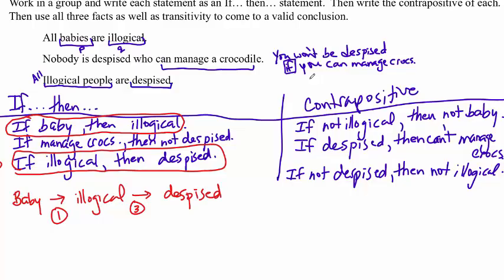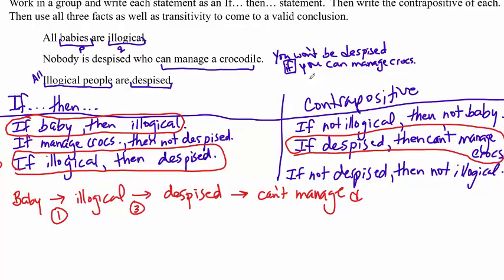And then we're looking for something that starts with despised. In statement 2, if you're despised, then you can't manage a crocodile. So despised means can't manage crocs.